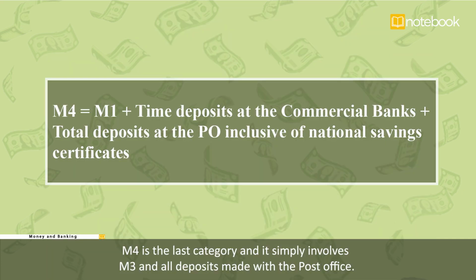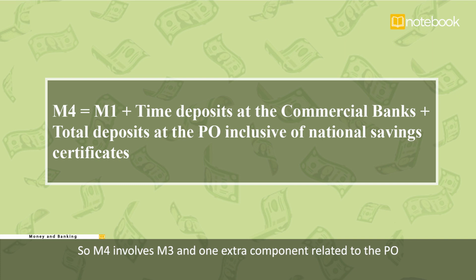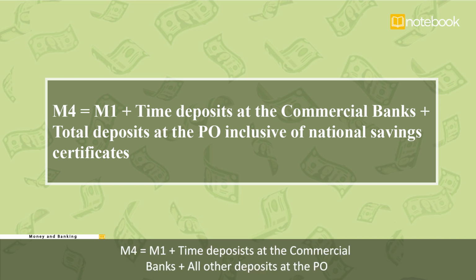M4 is the last category and it simply involves M3 and all deposits made with the post office. So M4 involves M3 and one extra component related to the PO. So breaking it down, M4 is equal to M1 plus time deposits at the commercial banks plus all other deposits at the post office.